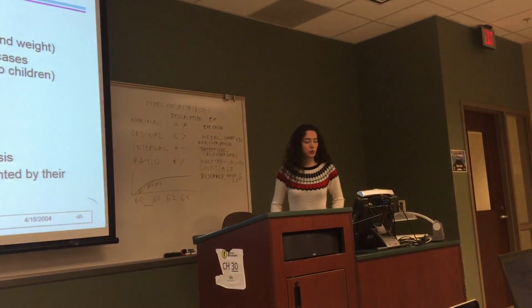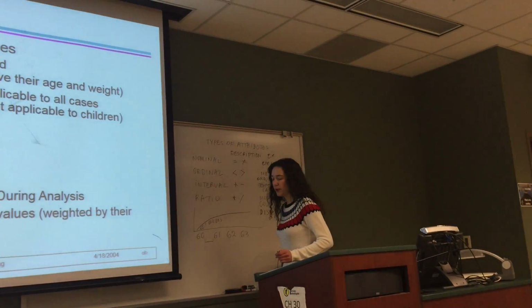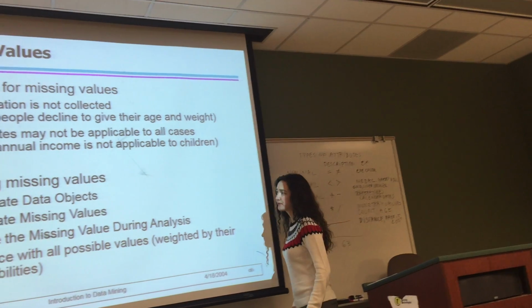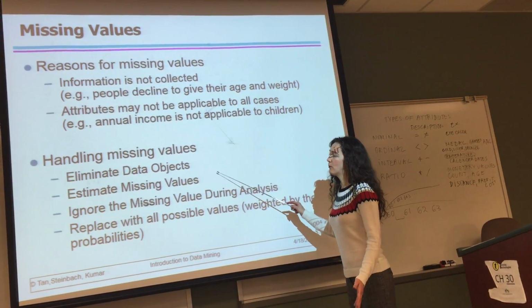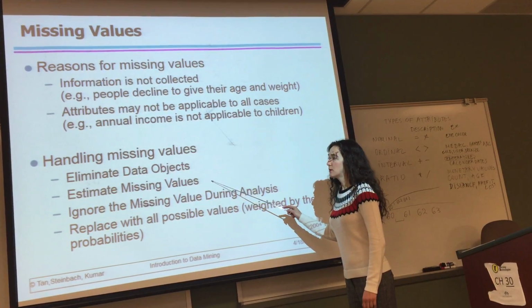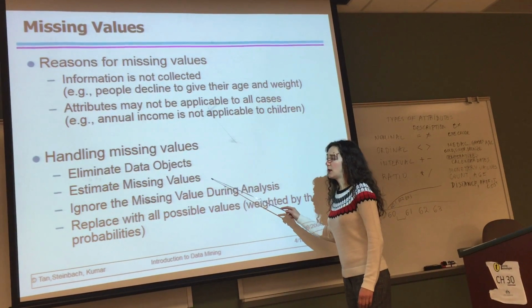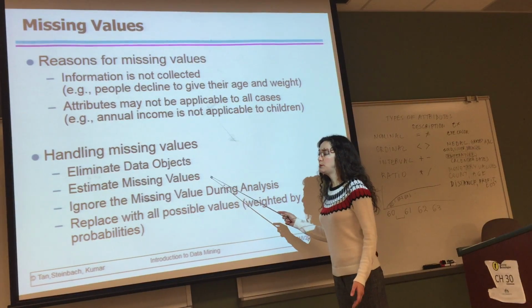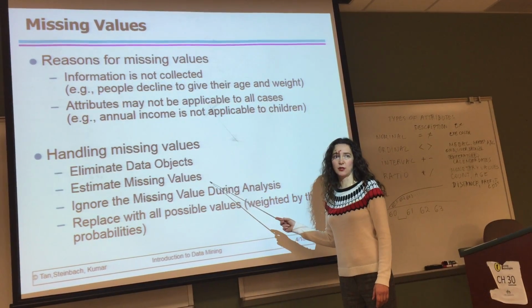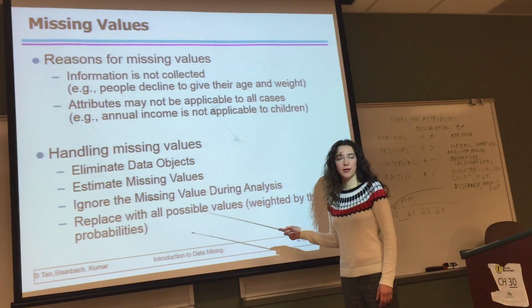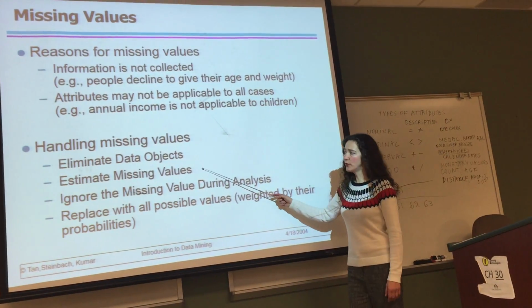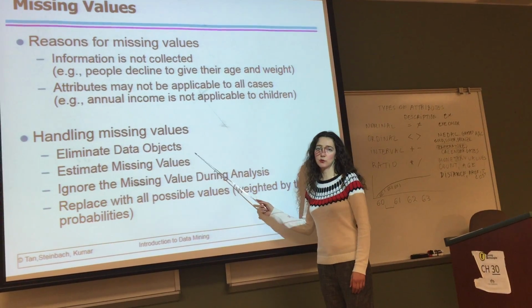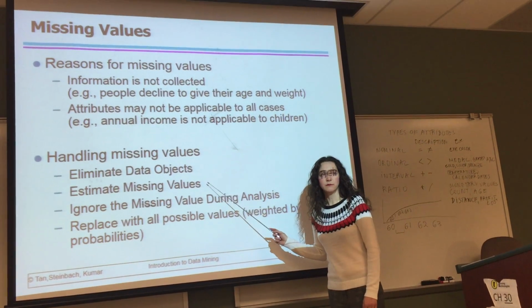One thing we can do is, if there are not too many of these objects, we can remove them. Another way to do this is there are algorithms that allow us to calculate or impute the missing values based on the rest of values that we have in the data. We can try to predict what the values are and fill them in.